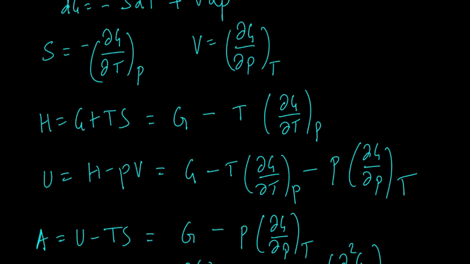So if I plot the Gibbs free energy as a function of pressure, the slope would be equal to volume. Think about solids or liquids. If I apply pressure, volume does not change much, right? It remains constant.